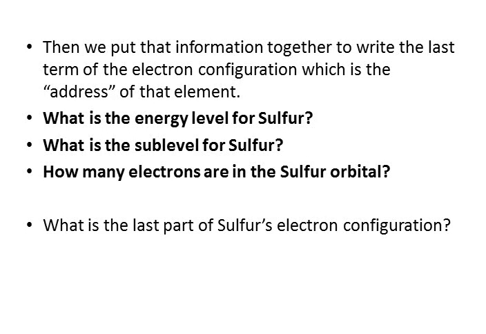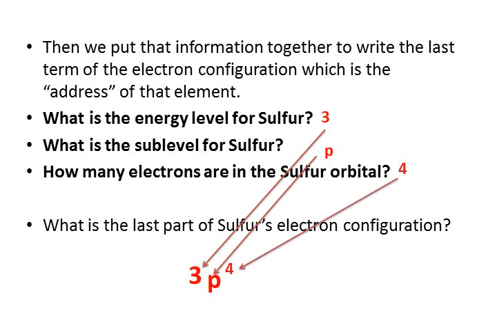What was the energy level for sulfur? It was 3. The sublevel was P, and how many electrons? It was 4. So when we put this together, what is the last part of sulfur's electron configuration? The last part, or the last term, will be 3p4.